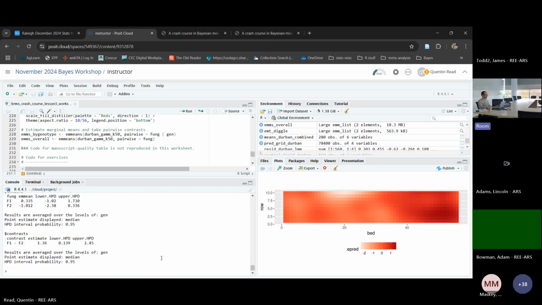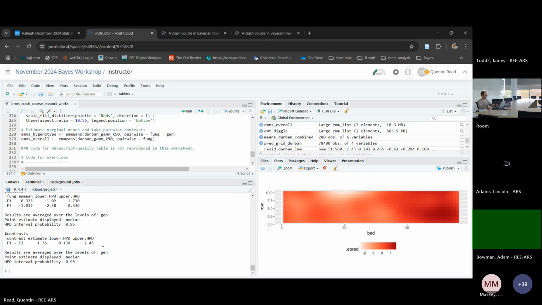You can see the yield of fungicide 1 in standard deviation units is this value, fungicide 2 is that value, and here's the difference between them. So on average across all the genotypes, accounting for any experimental blocks and accounting for space, fungicide 1 has a higher yield mean than fungicide 2, and we have decent evidence for that based on the credible interval having all positive numbers.